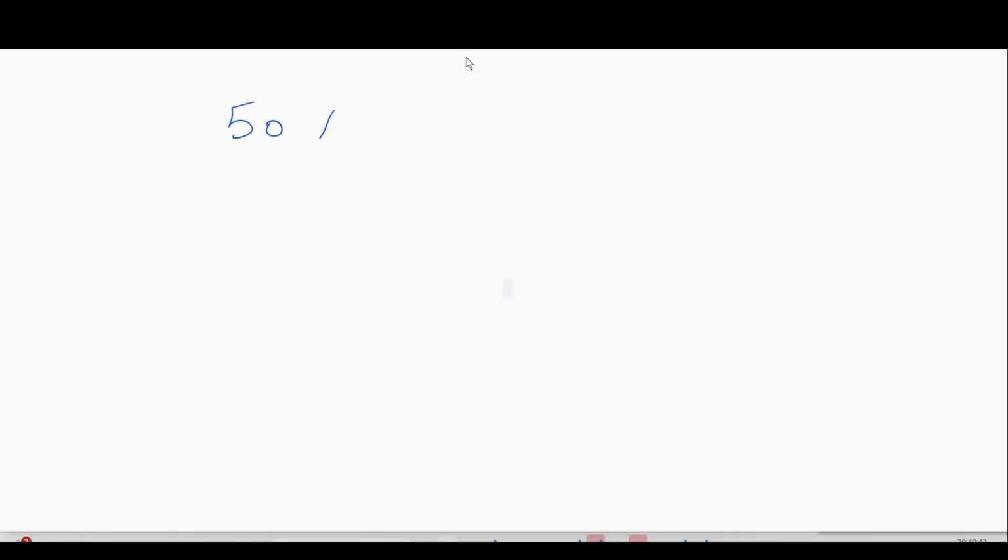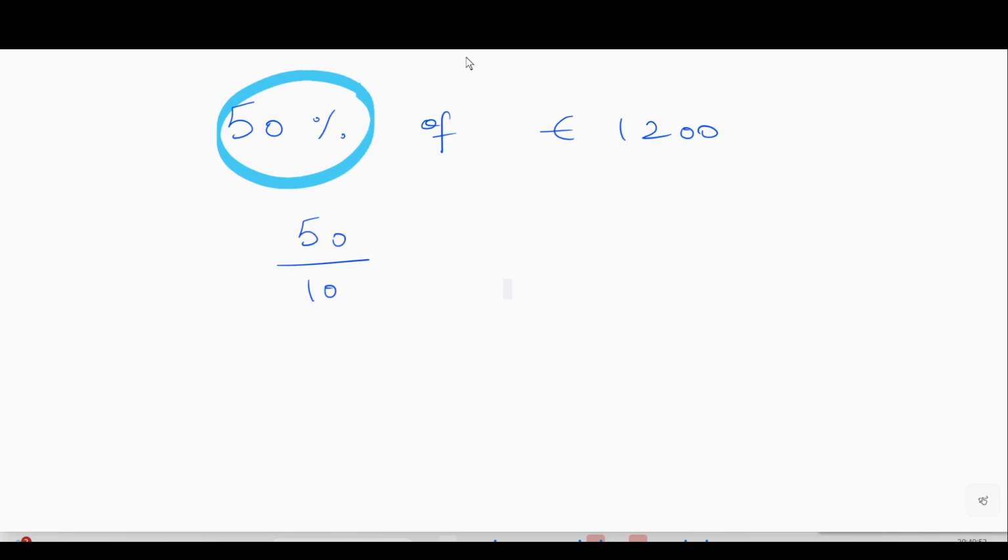So 50% of 1200 euros. First, we convert this into a fraction, 50 over 100, right? Then times it with 1200. Again, these two zeros, you can cancel with these, because one is in the numerator and the other in the denominator.